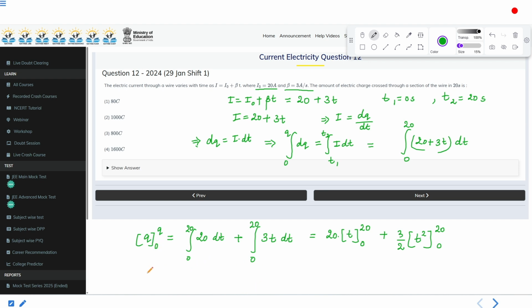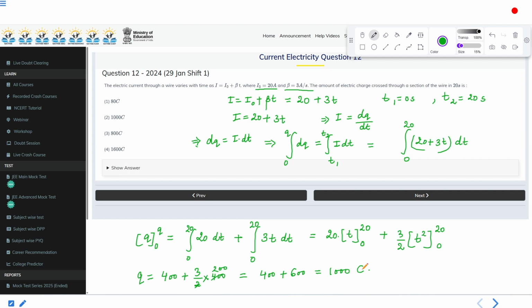So q will become 20 into 20, which is 400, plus 3 by 2 into 400. The 2 will cancel out, so it will become 200, and 200 into 3 is 600. So it will become 1000 coulomb.